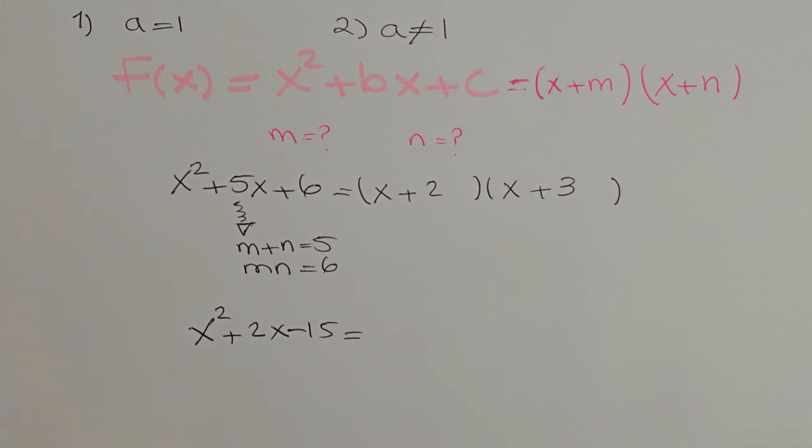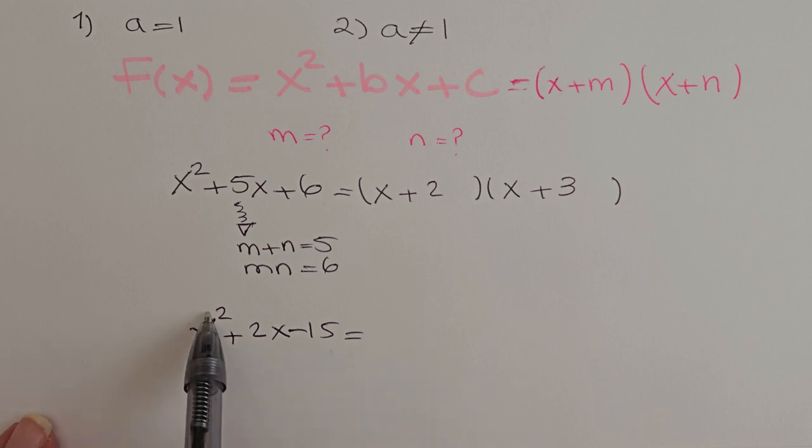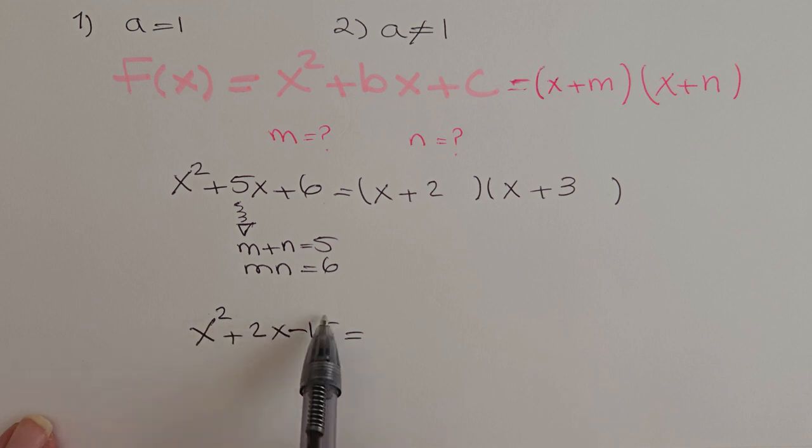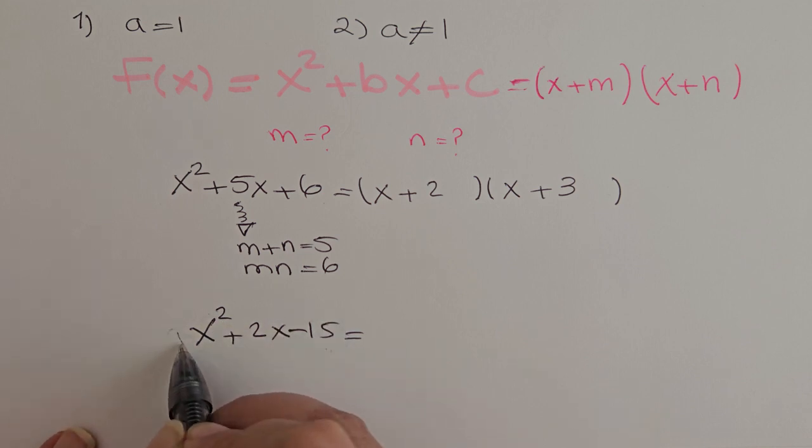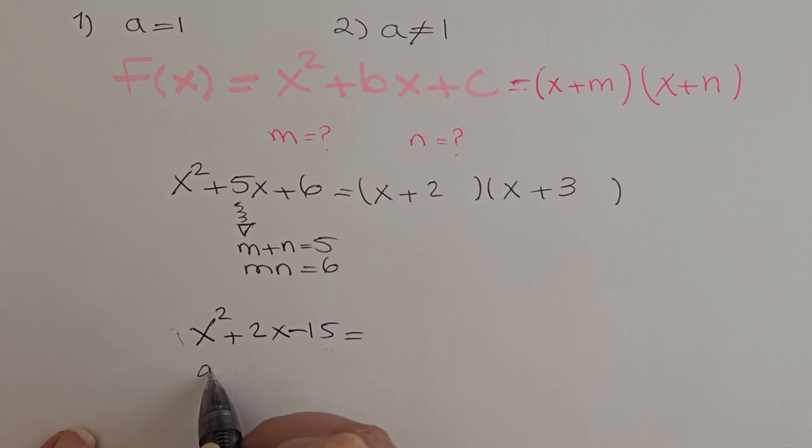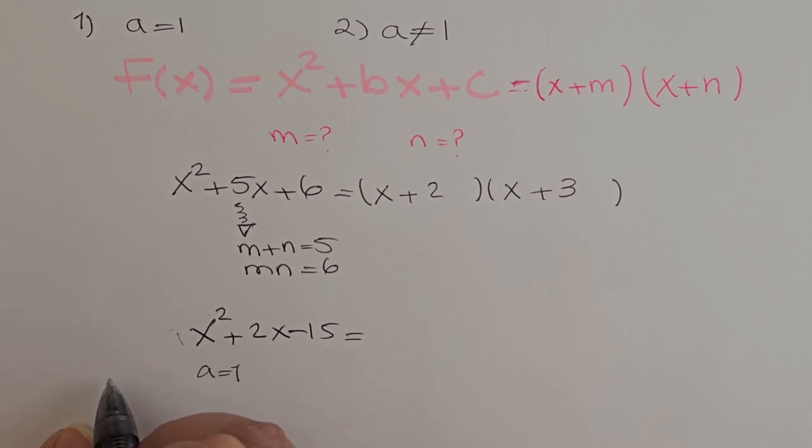First of all, we have to make sure that this expression is written in order from the biggest power to the lowest power, so power 2, power 1, and 0. Here, the leading coefficient is 1. Let me write it down.